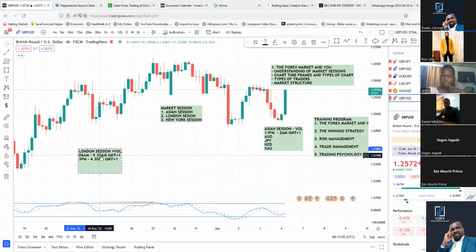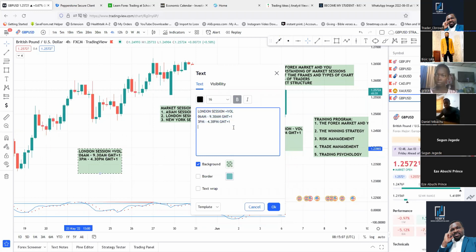The currency pairs you should look at are GBP, definitely, and then EU, any currency of these, then CHF, and then gold. Gold moves also in this section.